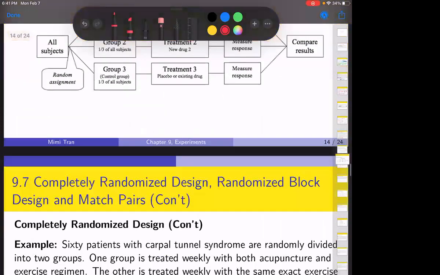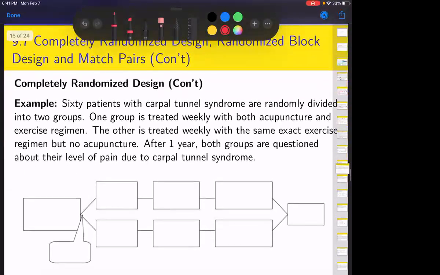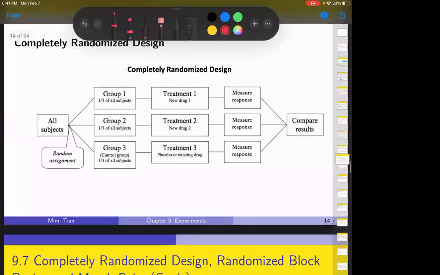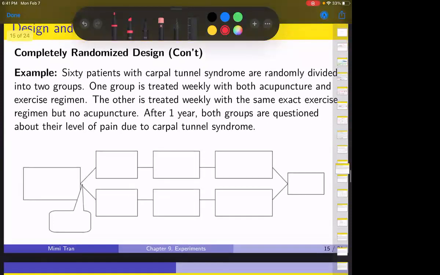Now I want you to read this problem and fill in the box, just like I did here, with context. Don't just write group one, group three. Tell me what group one is, what group three is. So fill in this box. I'll walk around and see how you do.